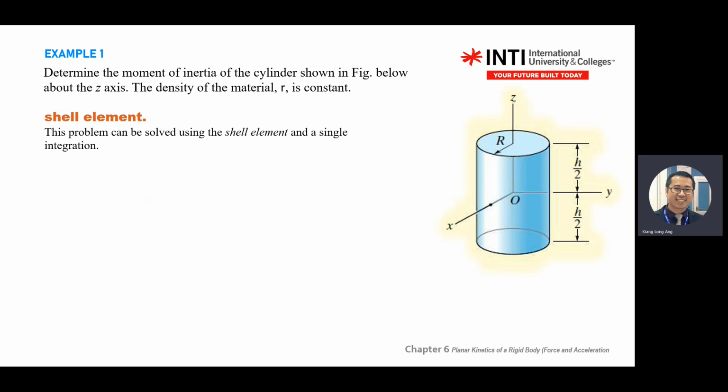What happened to your inner cylinder? What is your R? What is your Y? What is the value of R if you have a full circle? Here it becomes this one. What happened to your Y? What is the value of your Y?